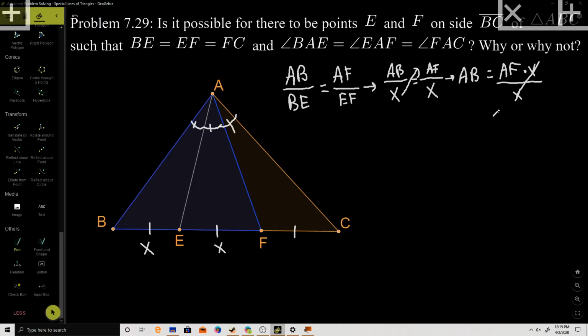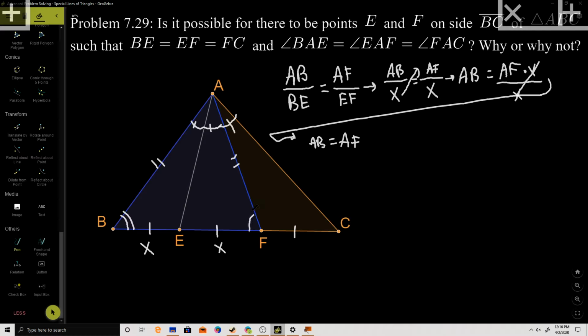I have AB equals AF. So that's probably something I should note: AB is the same as AF. That's interesting. That means we have an isosceles triangle, which means that these two angles here and here must be the same.